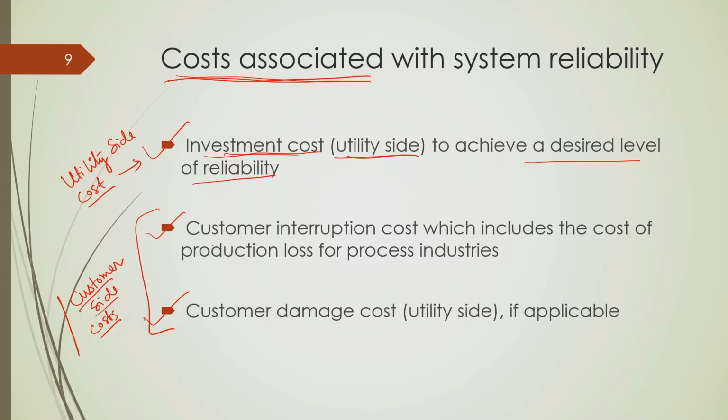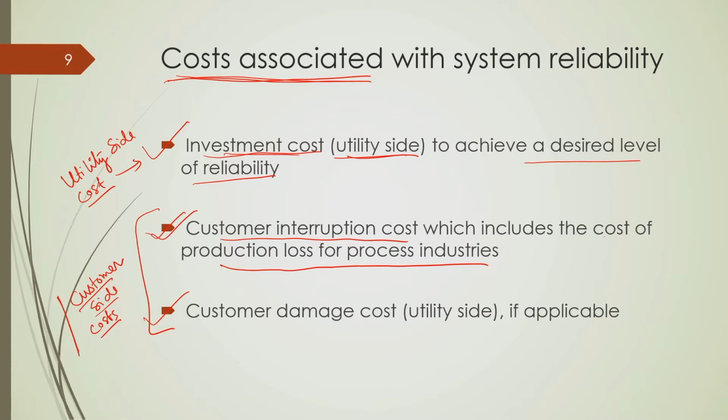So, one is called customer interruption cost, which includes the cost of production loss in process industries. As I said, these industries suffer a lot due to a poorly reliable network, or due to a certain interruption of service. So, their loss can be measured with this cost function, which is called customer interruption cost.